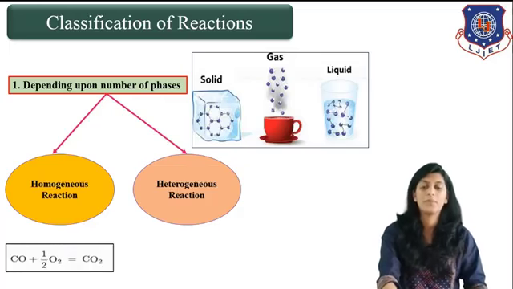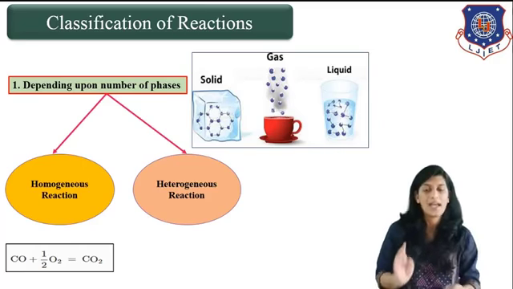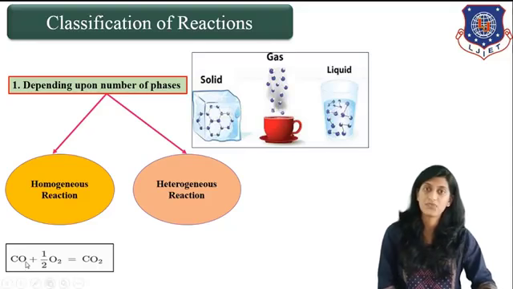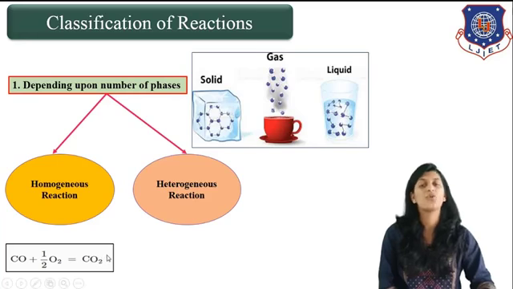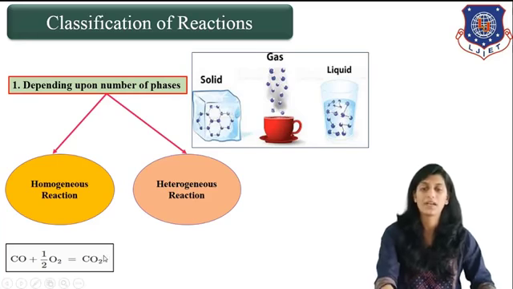For example, carbon monoxide plus 1 mole of oxygen, when combined, gives you carbon dioxide. As you can see here, carbon monoxide is in the gaseous phase, oxygen is in the gaseous phase, and the formed product is also in the gaseous phase. So this is termed a homogeneous reaction.